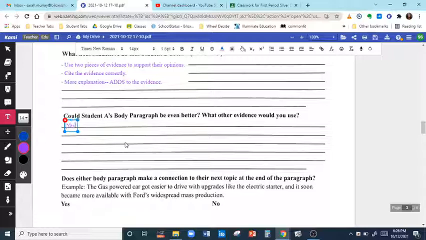So, yes, any body paragraph can be improved. The easiest way is through additional explanation.